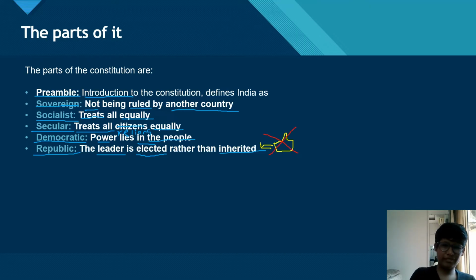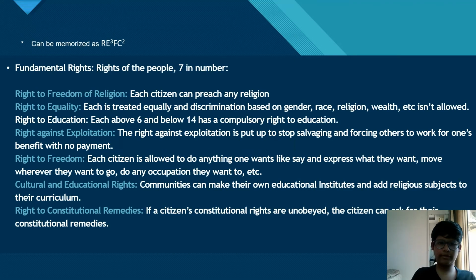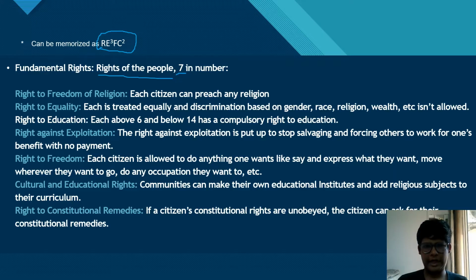So thus India is a republic. Then we get on to another part, the fundamental rights. In the fundamental rights, there are seven things, and they are basically the rights of the people. And don't worry, there is this key up here I've put so that it is easy for you to memorize. So with that, let's start.